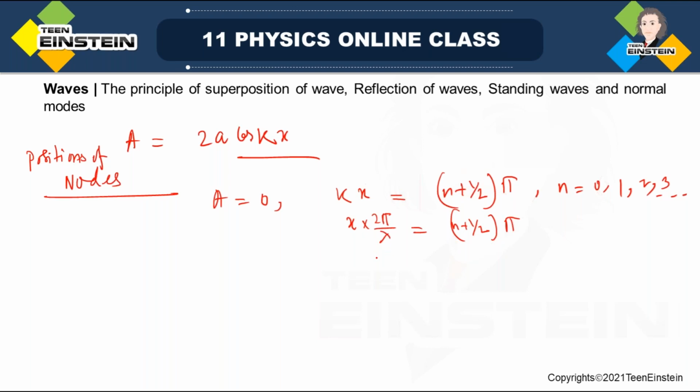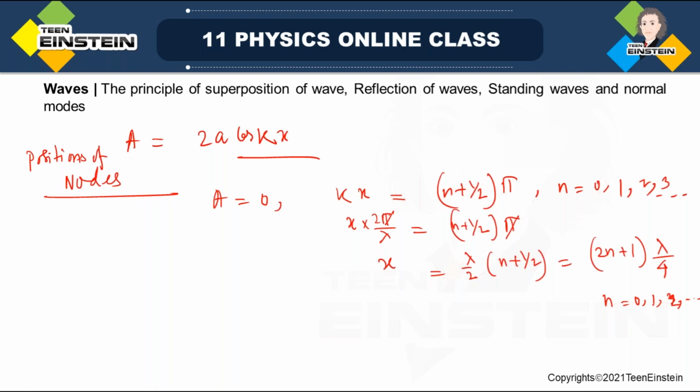This will give you x is equal to lambda by 2 into (n plus half). Let me write it in terms of this: (2n plus 1) into lambda by 4, where n goes from 0 to 1, 2, 3, etc.